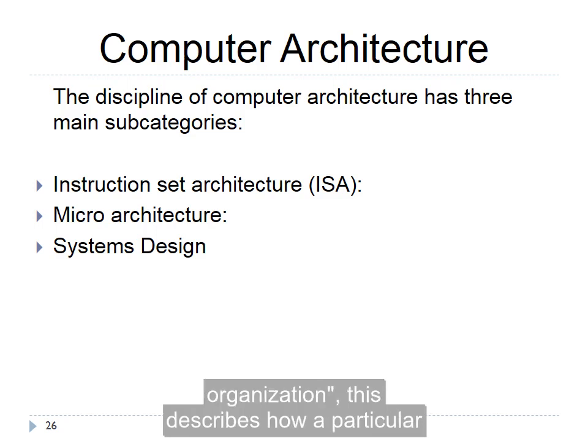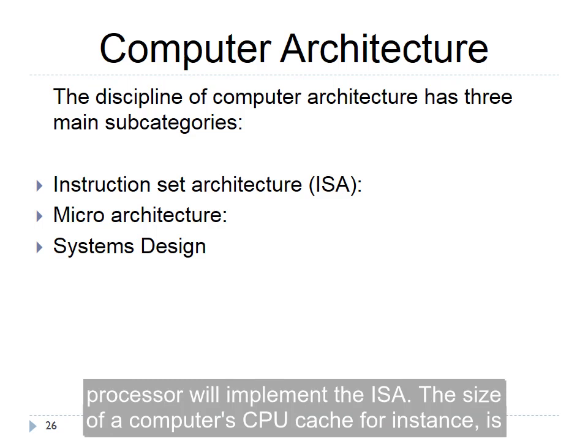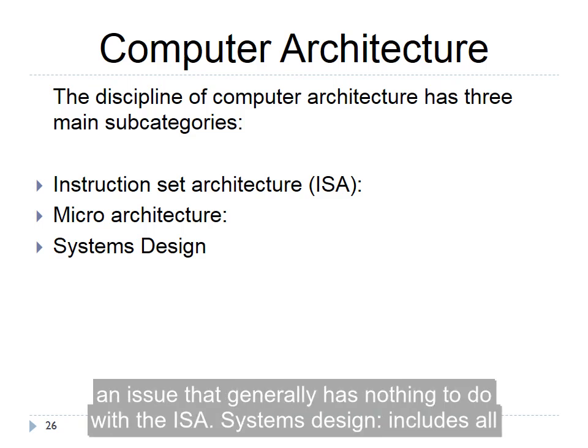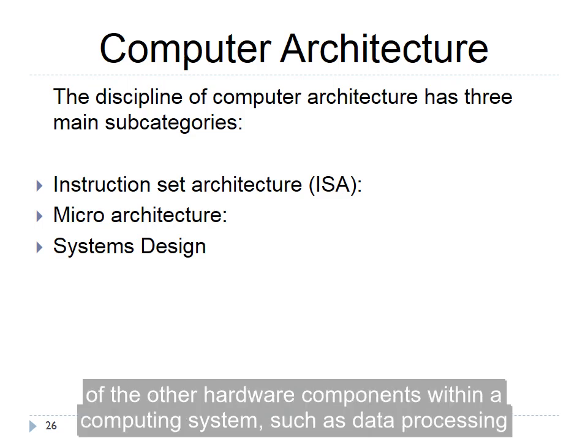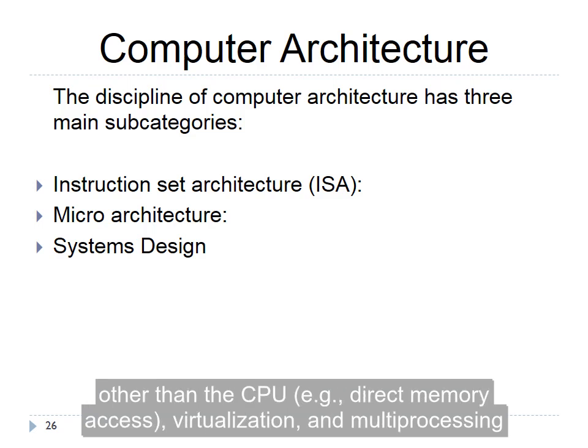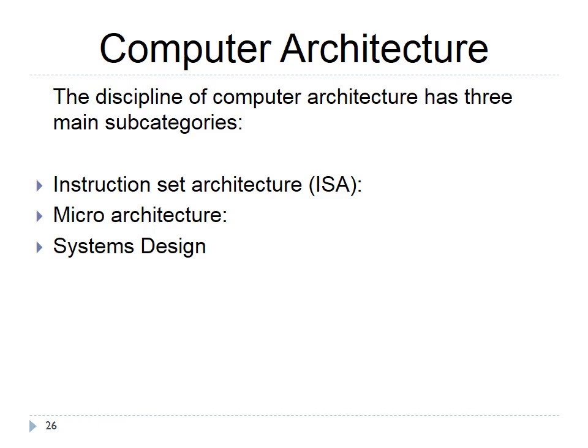This describes how a particular processor will implement the ISA. The size of a computer's CPU cache, for instance, is an issue that generally has nothing to do with the ISA. The third is system design, which includes all of the other hardware components within a computing system, such as data processing other than the CPU, virtualization, and multiprocessing.